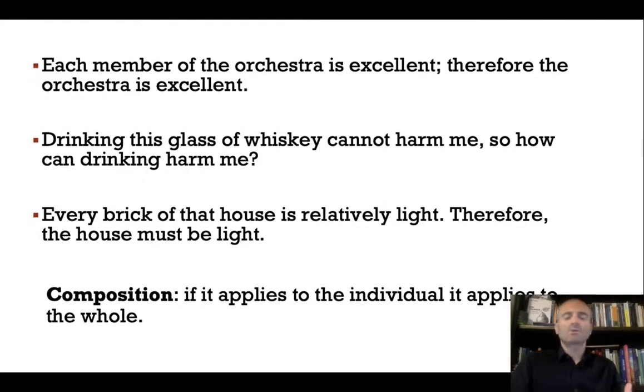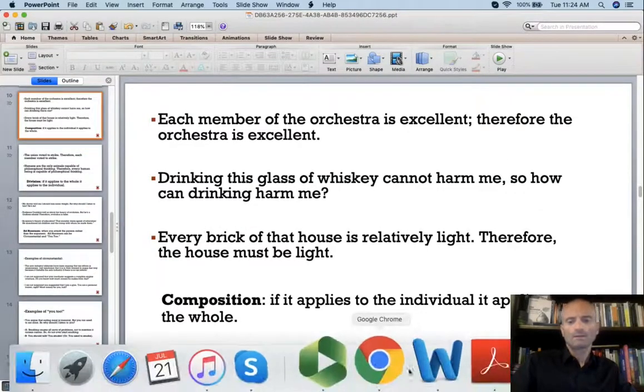A brick might be relatively light, but it doesn't mean that a house that is made of the same bricks is also light. Okay? So this is a fallacy of composition. All right.